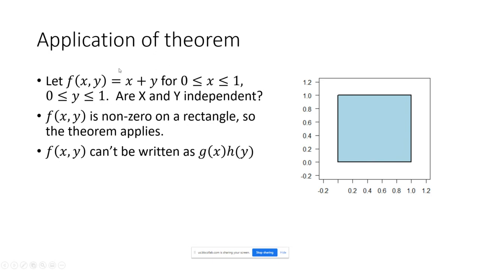But our density function is x plus y. It can't be written as a product of something involving x times something involving y. So that tells us that x and y are dependent, or not independent.